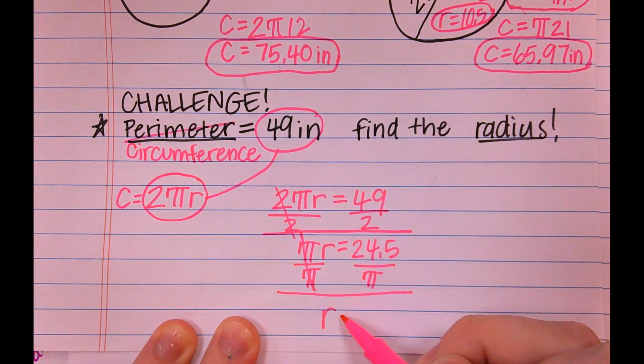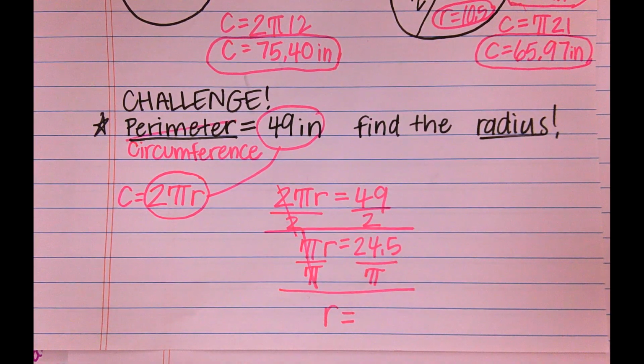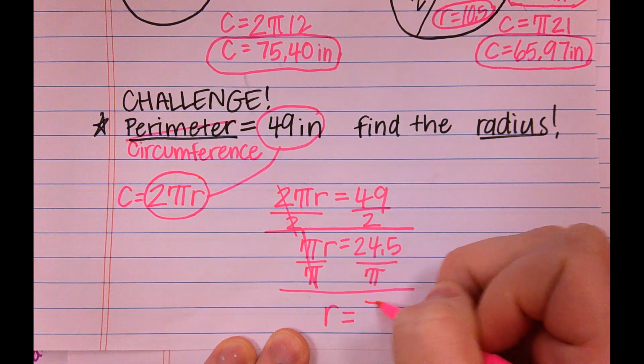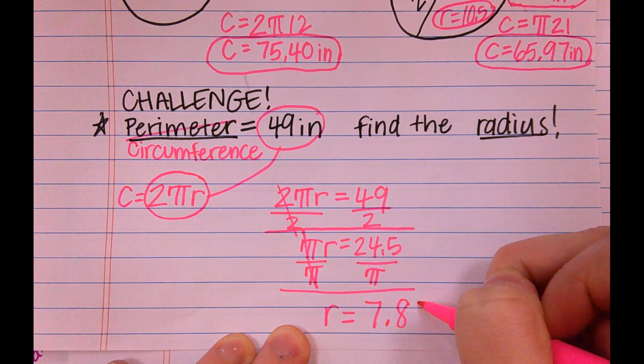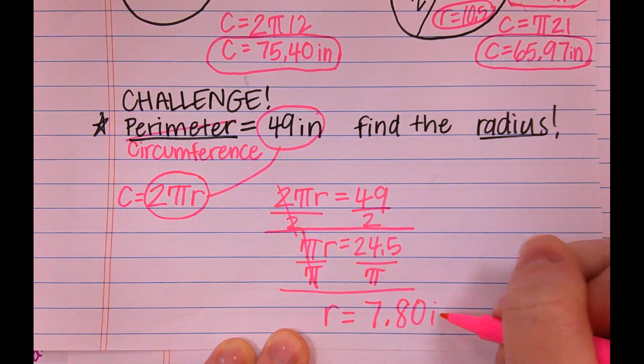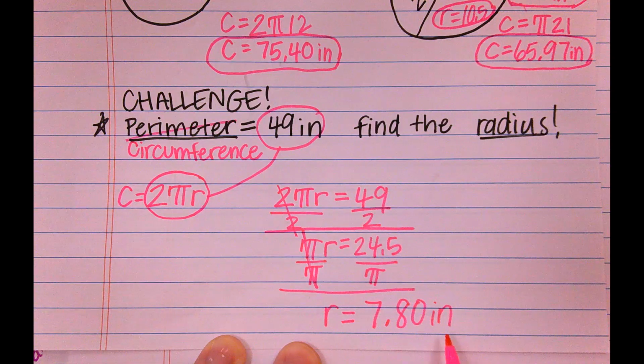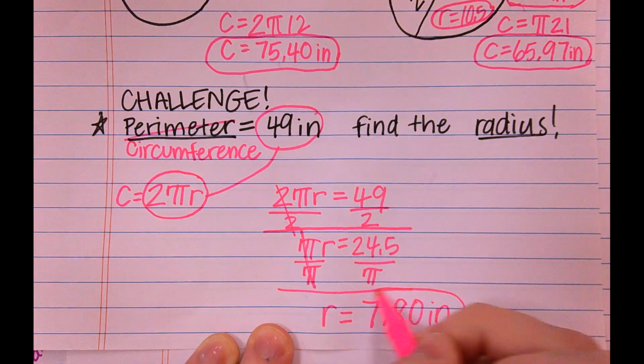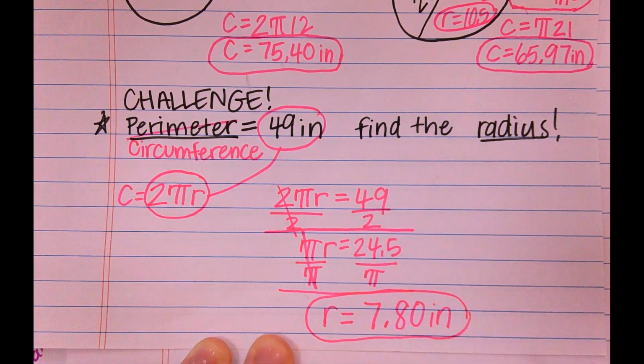Bring down radius is by itself, and 24.5 divided by pi. What do we get? 7.80 inches. Now, it wouldn't be squared unless it's an area. This will just be inches since it's measuring a length. And that is our answer.